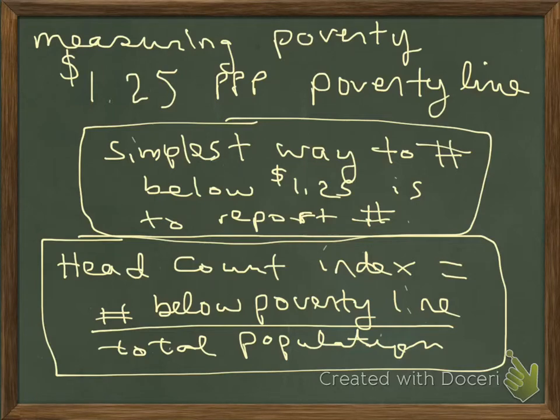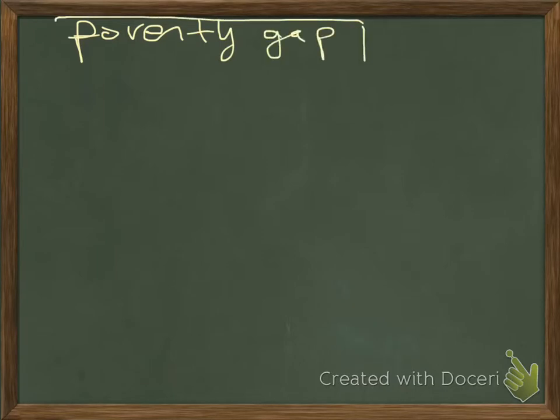And so we're going to have to move on to the next one here. So a third measure, poverty gap. So this is number 3, okay? This describes the severity of poverty.